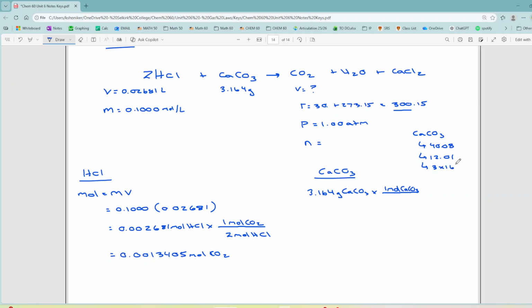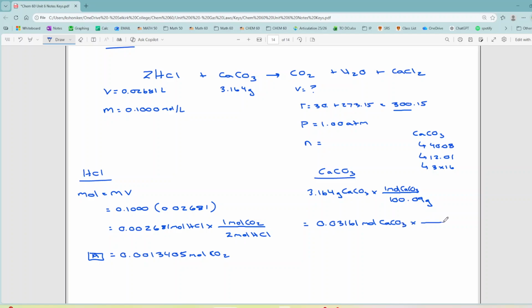Okay, so store A. I'm going to do this, so 40.08 plus 12.01 plus 3 times 16 gives me a molar mass of 100.09 grams. So that's going to give me 3.164 divided by 100.09, which gives me 0.03161 moles of calcium carbonate.